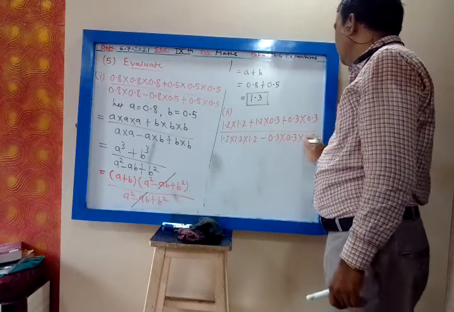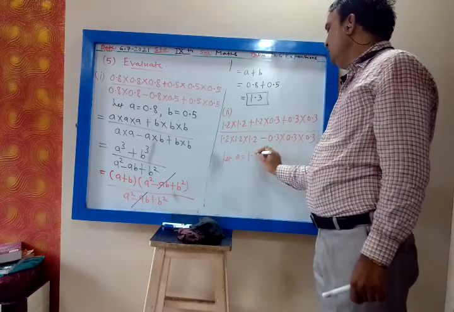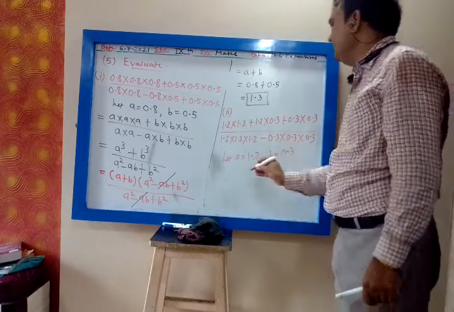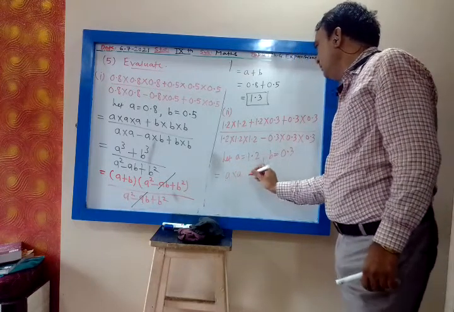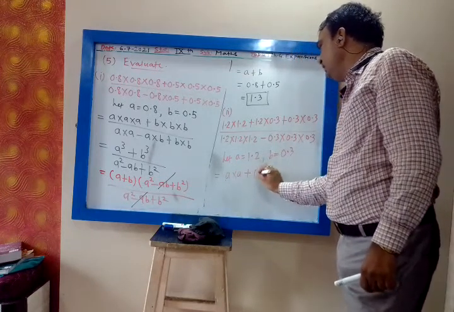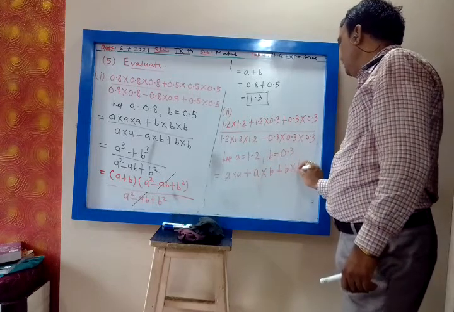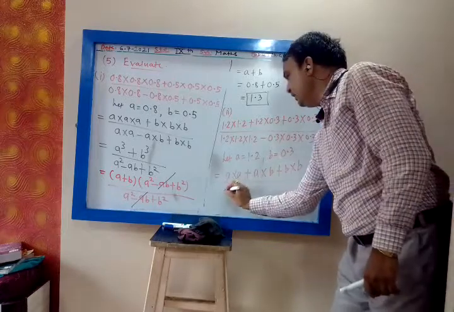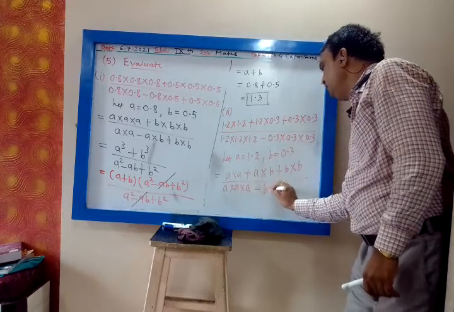Again, let A be equal to 1.2 and B be equal to 0.3. Substitute the values and identify. So that will become A into A plus A into B plus B into B divided by A into A into A minus B into B into B.